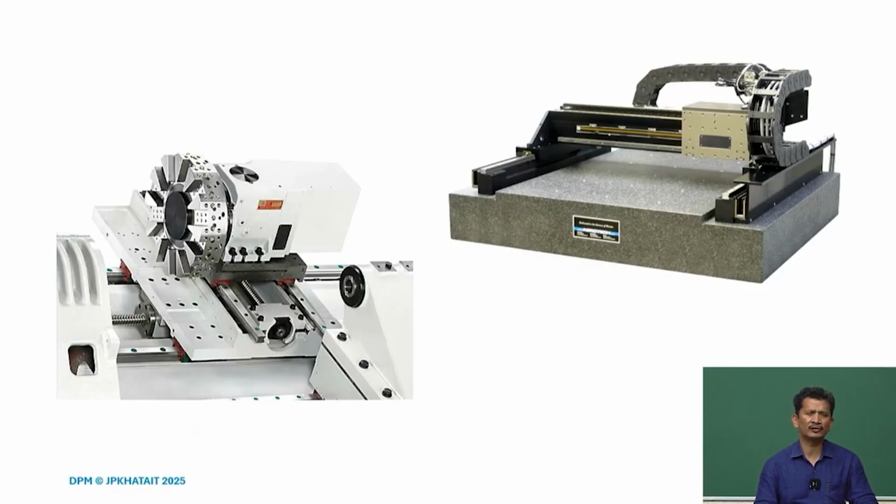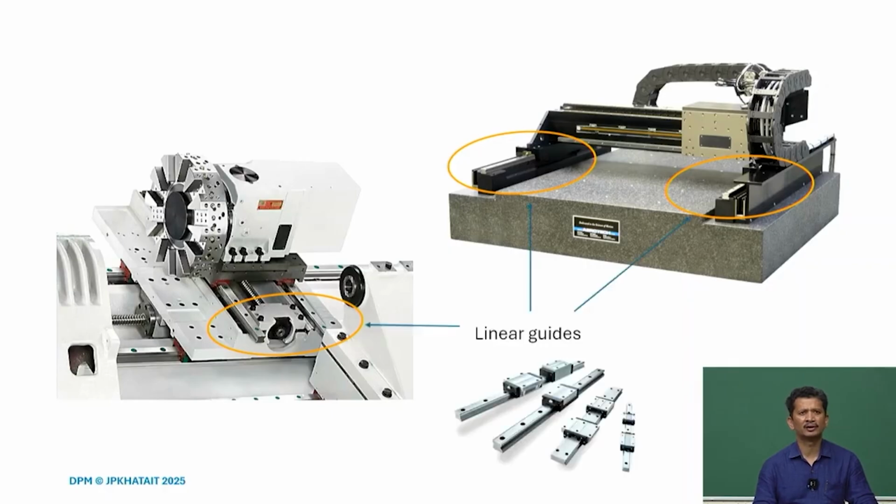So, in the current systems, when we are building systems for automation or robotic applications, those V and flats are now replaced with these kinds of linear guides. But are you aware of V and flat?